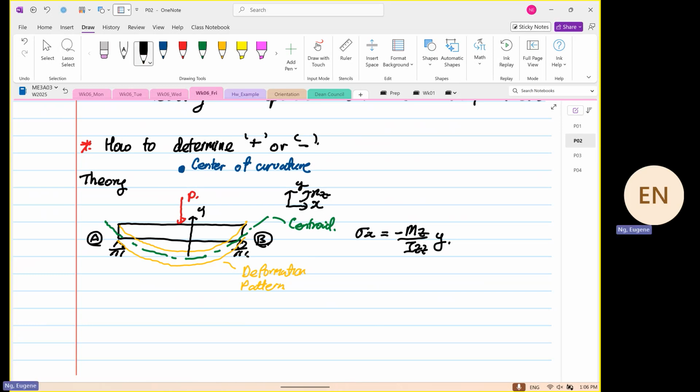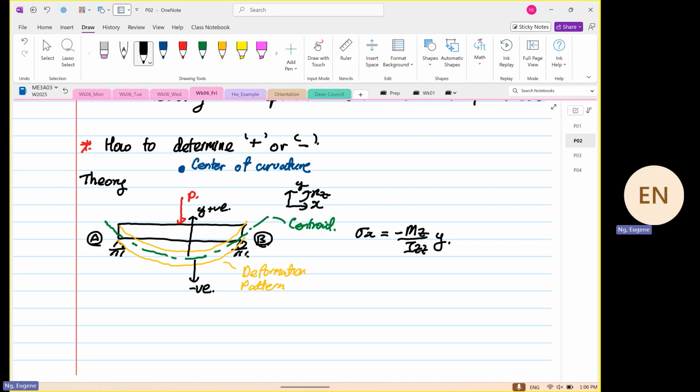y is what? Positive. Any point that's below or pointing away from the center of curvature is what? Is negative. Agree or disagree? Right? You all agree now. Okay.